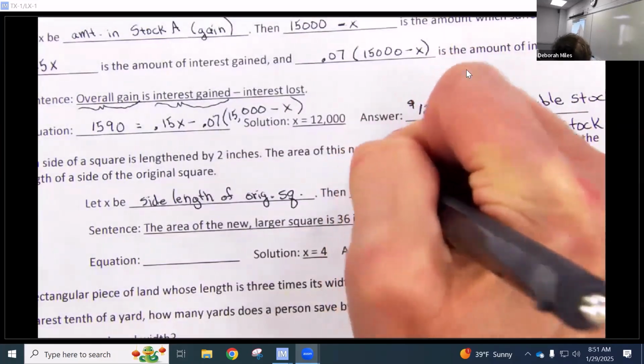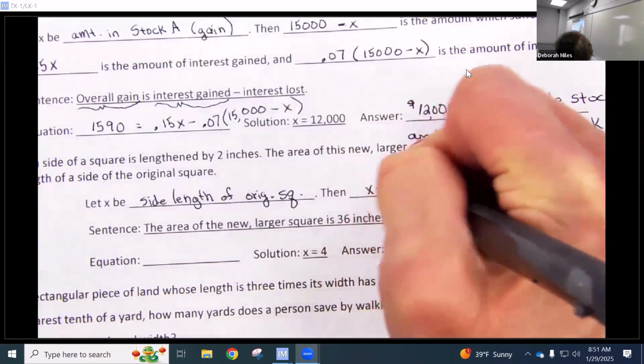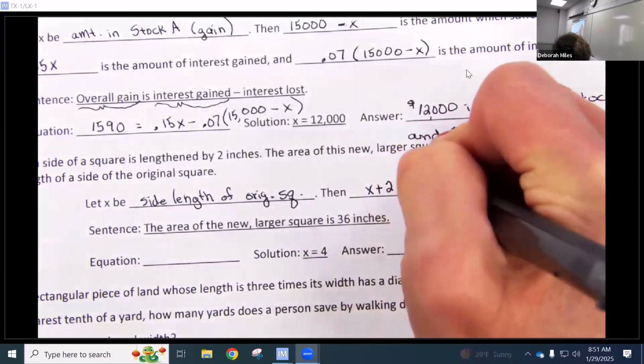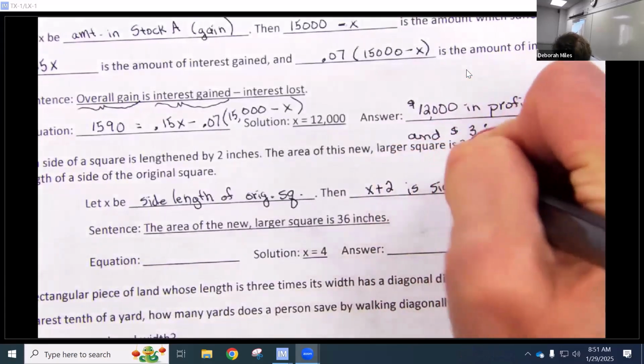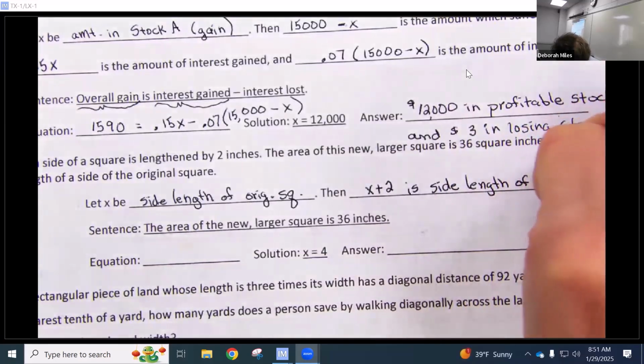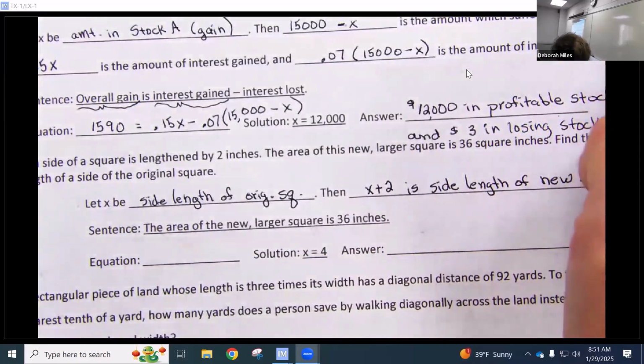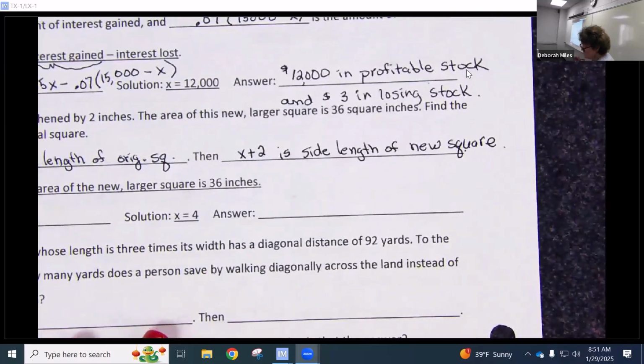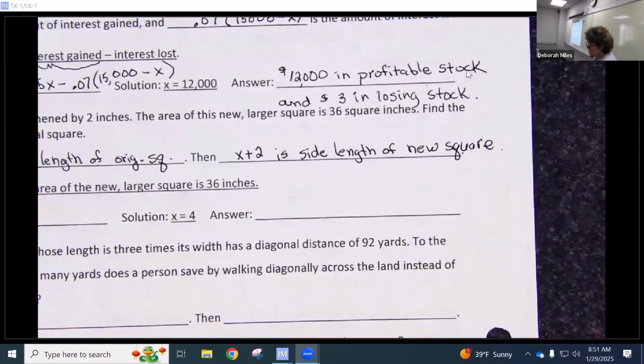Then X plus 2 would be the side length of the new square. X is the side length of the original, x plus 2 is the side length of the new square.